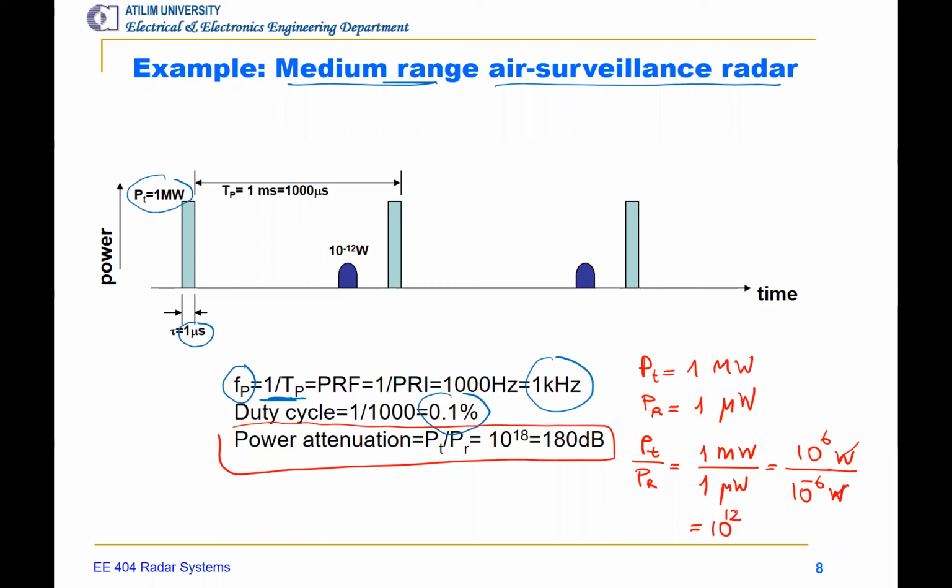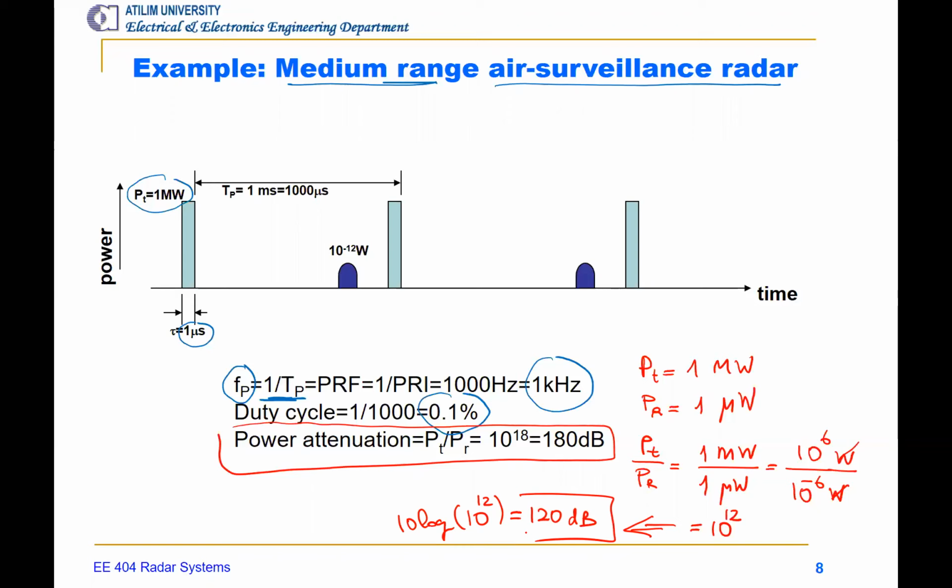Okay? Not watt, 10 to the power 12. That's a ratio. This is equivalent to 10 log of 10 to the power 12, which is 120 dB. So in dB, it's 120 dB, while in ratio, 10 to the power 12.